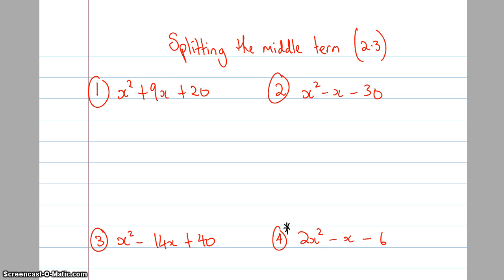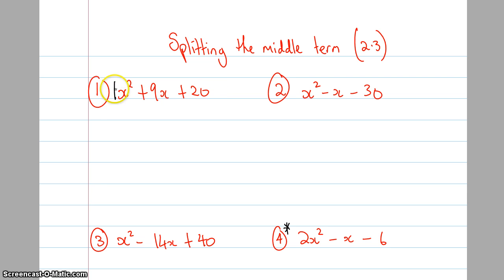So let me start. Essentially what I'm going to do is this 9x here, I'm going to turn it into two different things, say 3x and 6x or something like that, just to factorize further. The first thing I do though is I look at the numbers in front, the coefficients here. I look at the number in front of x squared, the number in front of x, and the number 20. What I'm really looking for is the number in front of x squared multiplied by the constant, which is 20.